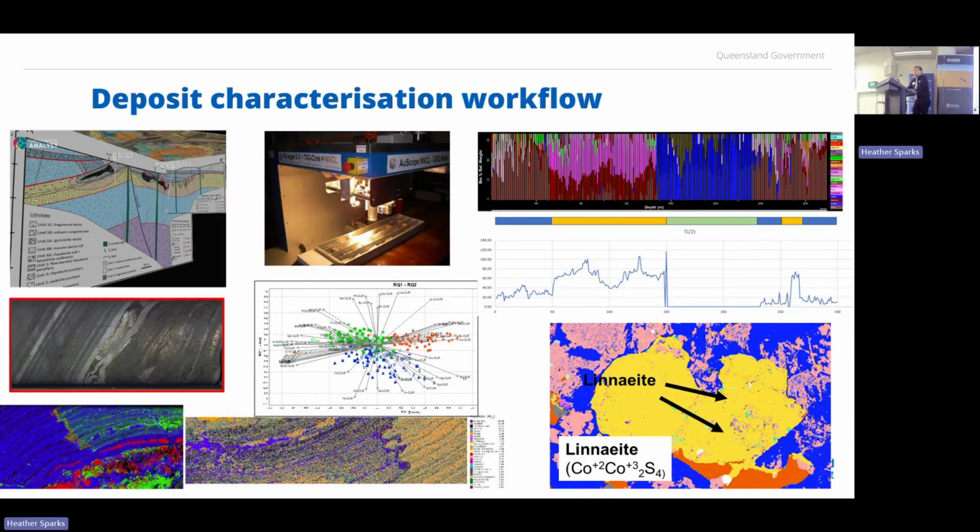We use compiled information on deposit geology to select 2, 3, or several representative drill cores per deposit. We systematically study them, starting from drill core scanning, sampling, and chemistry, and doing more detailed work with an ever increasing level of detail and complexity.